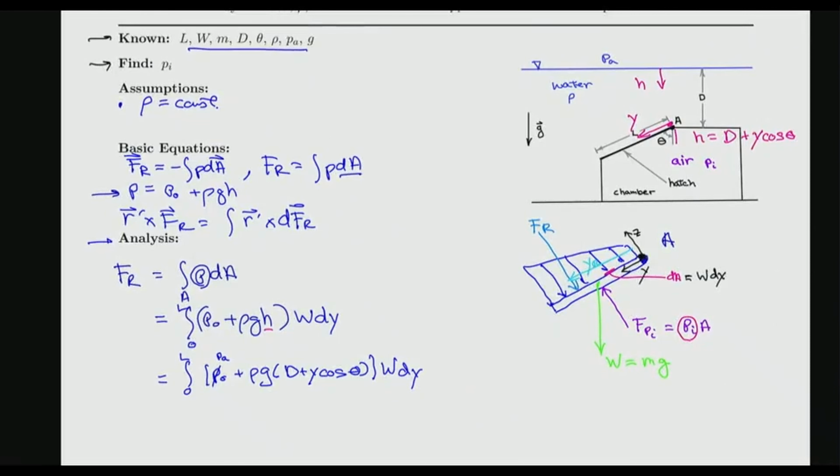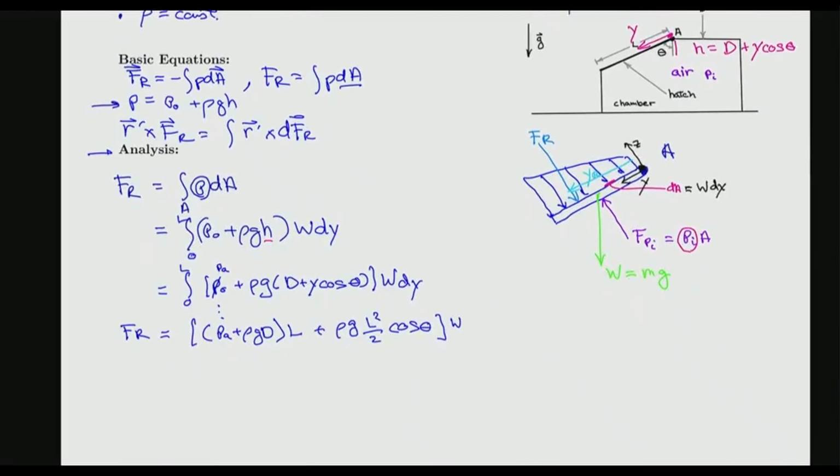Does anybody want me to work out the integral? It's straightforward, right? So then you get (P_A plus rho g D) multiplied by L, plus rho g L squared over 2 cos theta, that whole thing multiplied by W. So you should get that for the resultant force.